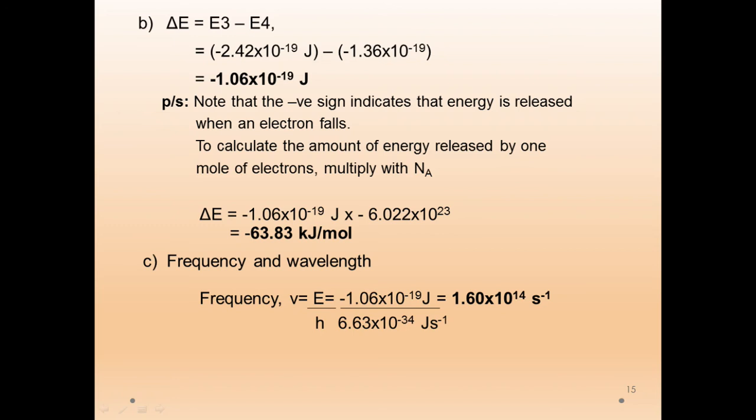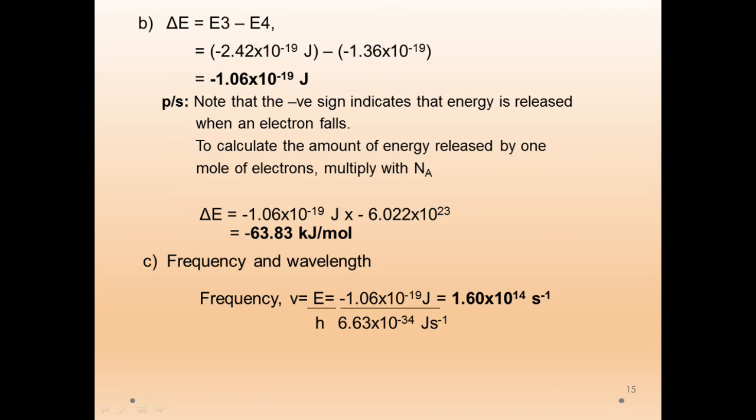So we substitute. E is the energy gap, the energy you have calculated over here, and this is a constant. Guys, please be aware of the units. So you cancel them, and finally the frequency is this value.